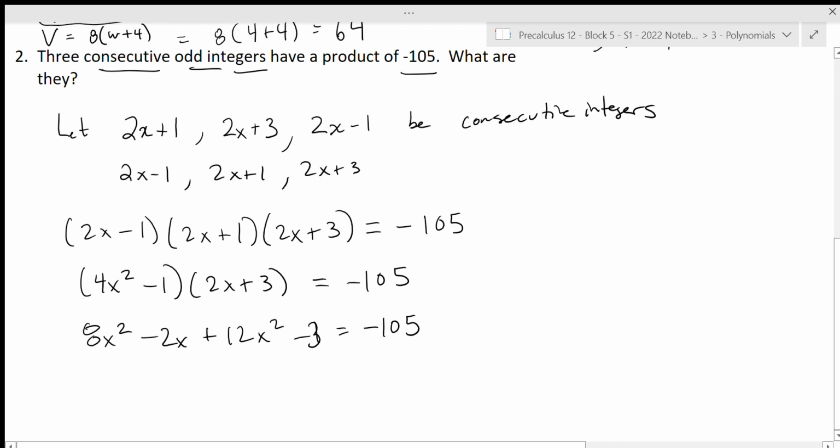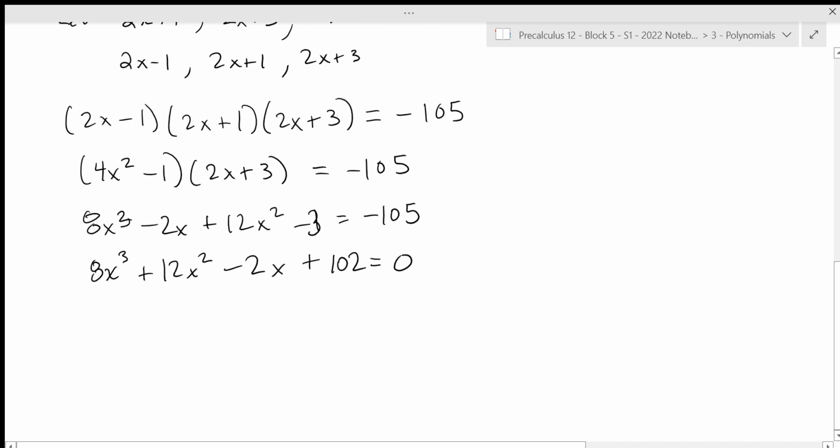Now I'm going to add 105 to both sides. So I get 8x cubed plus 12x squared minus 2x plus, if I add 105 here, I'm going to get 102 equals 0. I can divide everything by 2, so that gives me 4x cubed plus 6x squared minus x plus 51 equals 0.